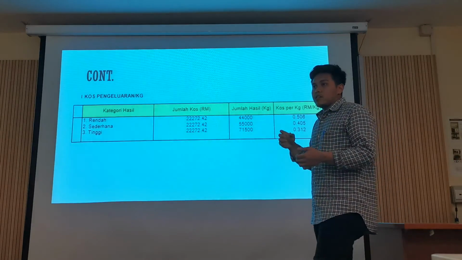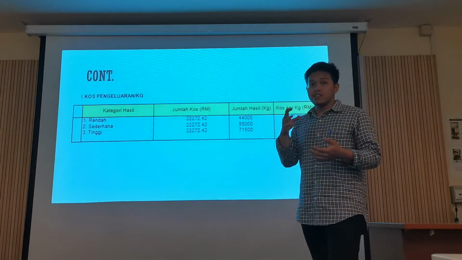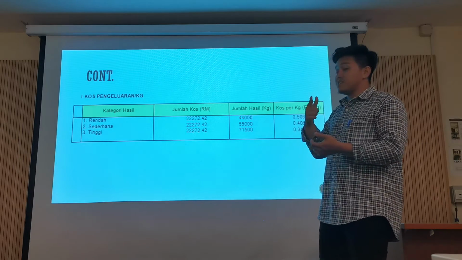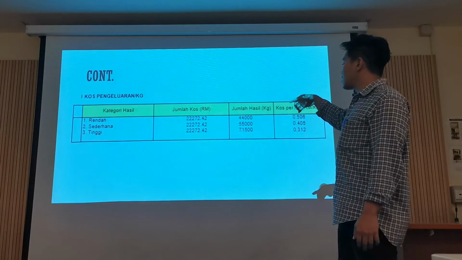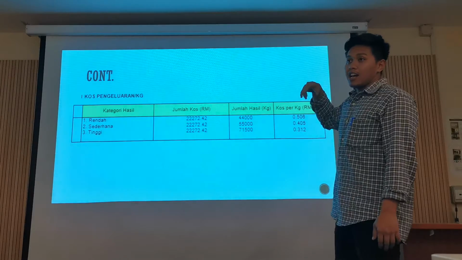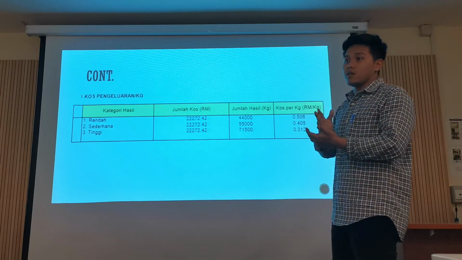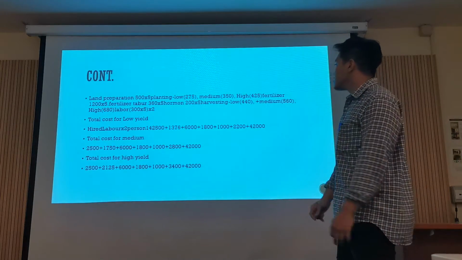In our project, we are dividing the production into 3 types, which are low, medium, and high. This is our table, and this is our cost reference to calculate the cost per farm.